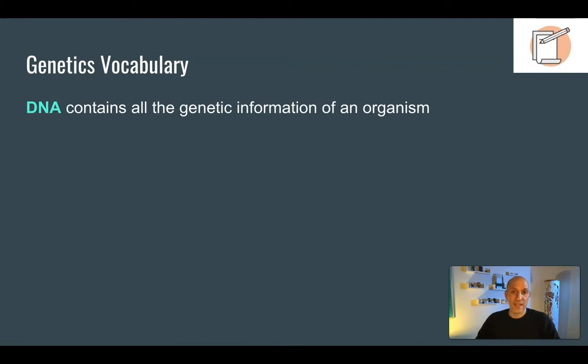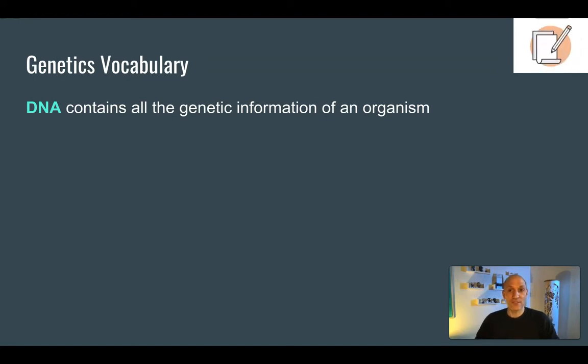First up is DNA. DNA contains all of the genetic information of an organism. What do I mean by that? What I mean is that DNA contains the information to build you. DNA contains the information to build me. My DNA is slightly different than your DNA, which is why I look like me and you look like you.